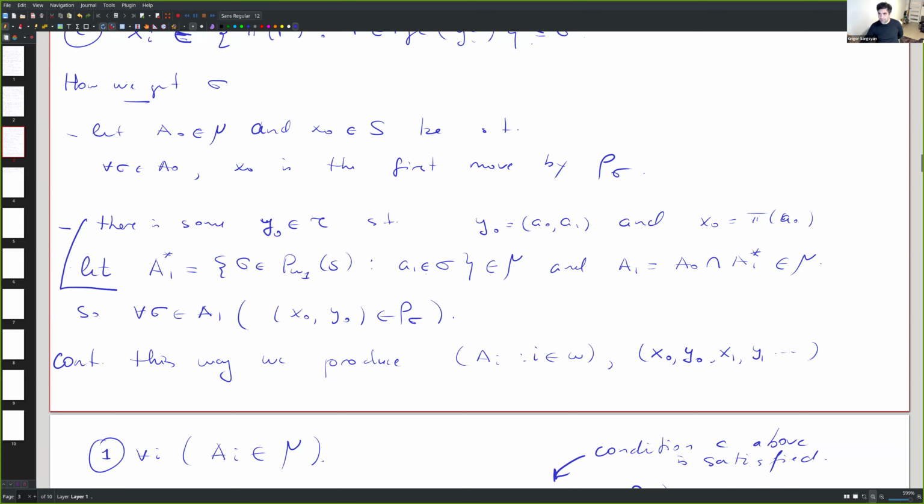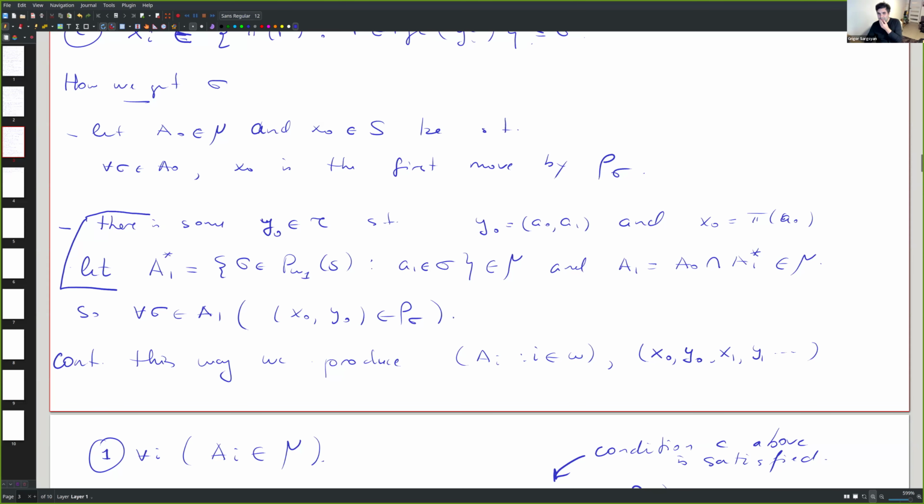If I pick y0 that was getting me out of almost all sigmas, then you'd be running into trouble. But no matter what y0 I pick, which puts me inside tau, I am still on measure 1 many sigmas. Yeah, this is a key point here.